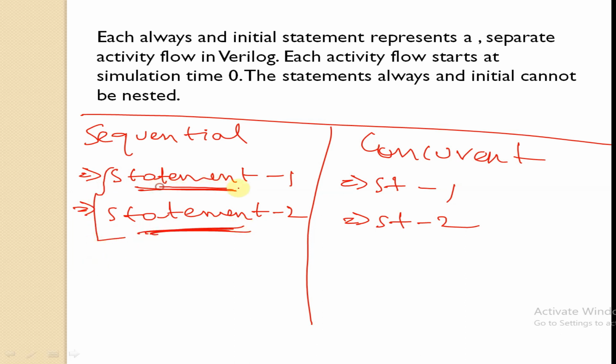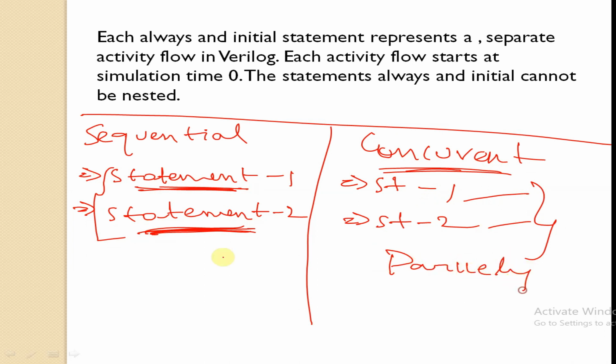After statement 1 executes, statement 2 will get executed. Whereas concurrent means statement 1 and statement 2 will execute parallelly. Here in this case, it will execute sequentially. So this is the difference between sequential and concurrent statements.